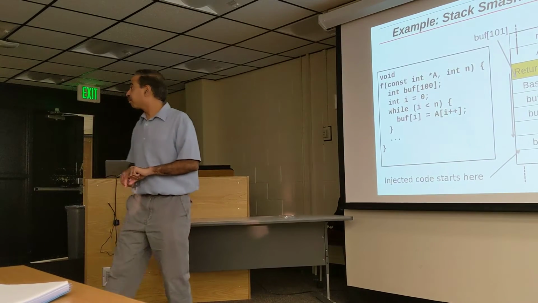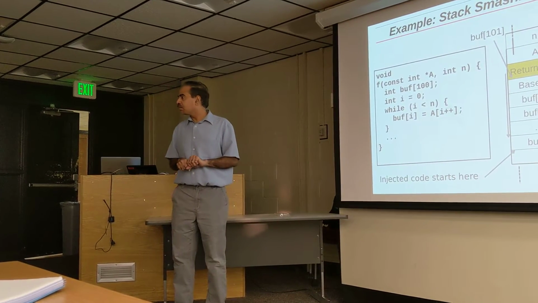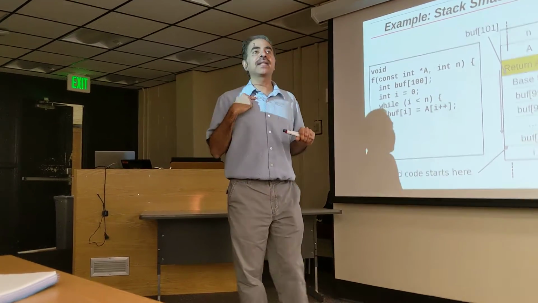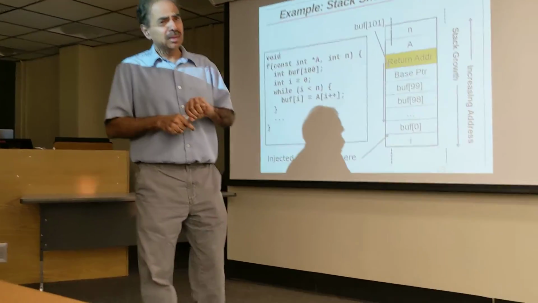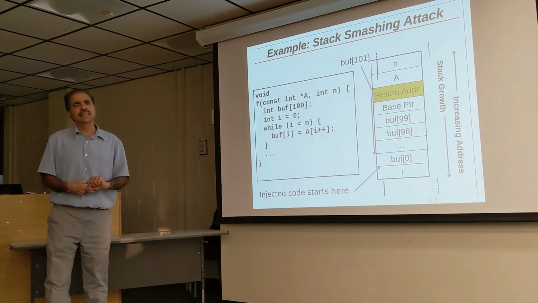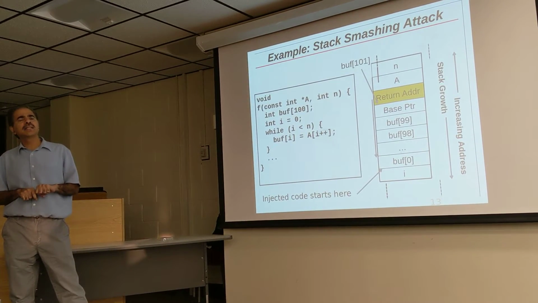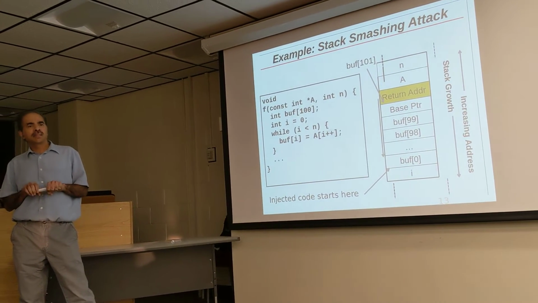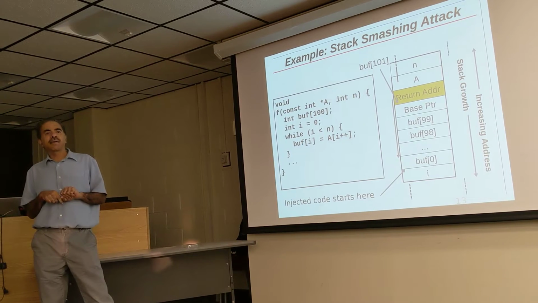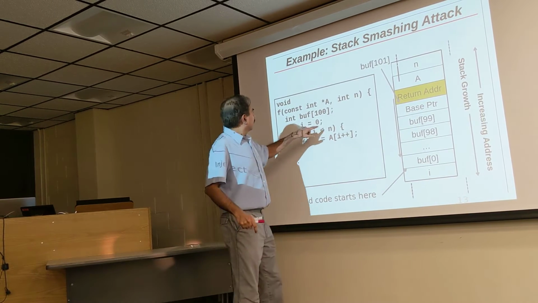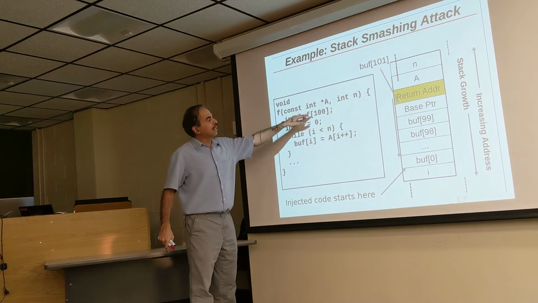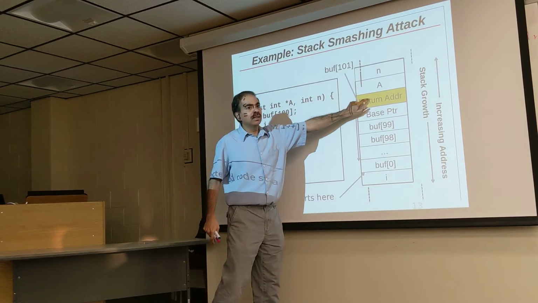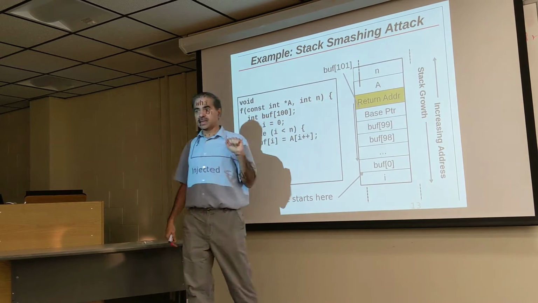Yeah. For that, the attacker will have to store his program in a memory location. Yeah, so I'll get to that. So basically, the address given to be stored at buff 101, once the callee returns, it would go to that function instead. Correct. Whatever A contained at position, let's say 101, would be what overrides the return address.